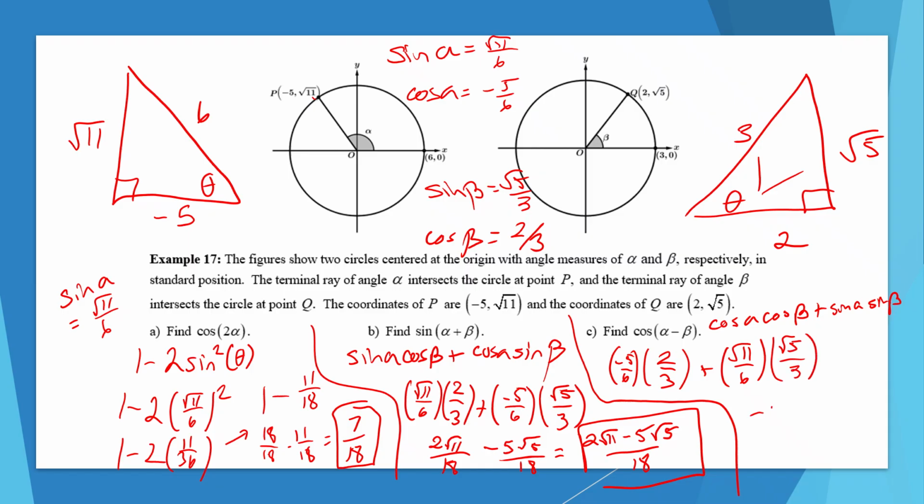Here you have -10 plus √55 over 18. You can leave it like that, honestly. And that should be our answer for part C.